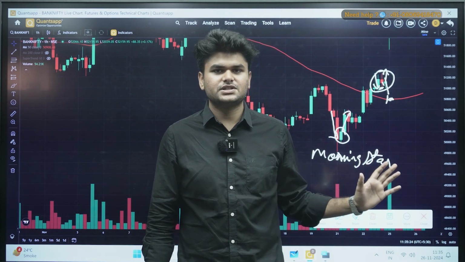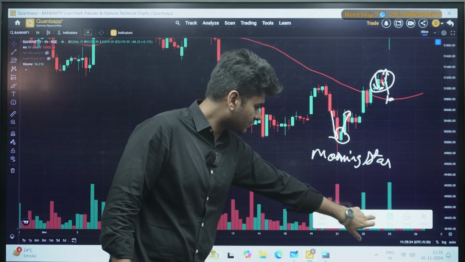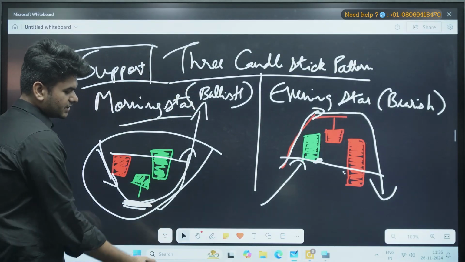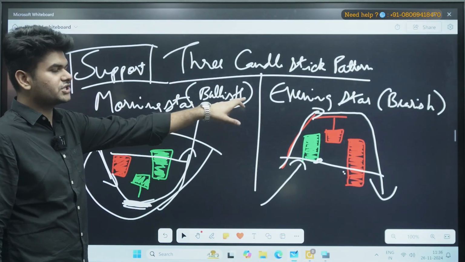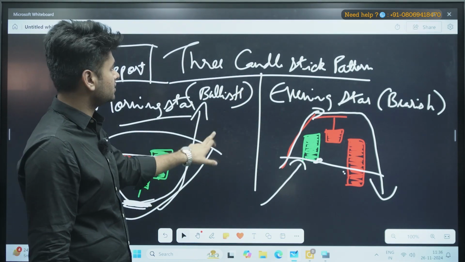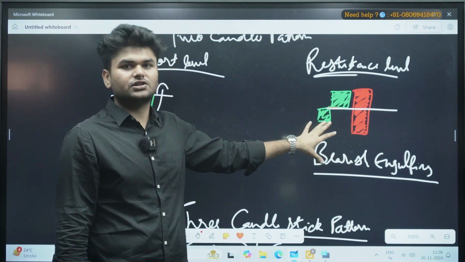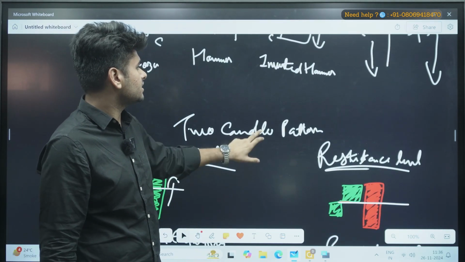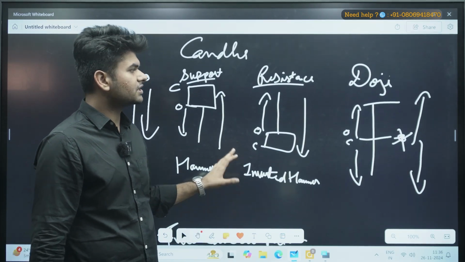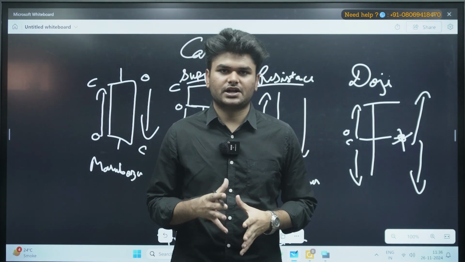As we have learned here, if you're seeing these candlestick patterns, bullish or bearish, it is indicating that the market is going to reverse. These three-candle types, or bullish or bearish engulfing, also indicate reversals. Similarly, simple single candlestick patterns will help you with entry and exit points on the technical chart.